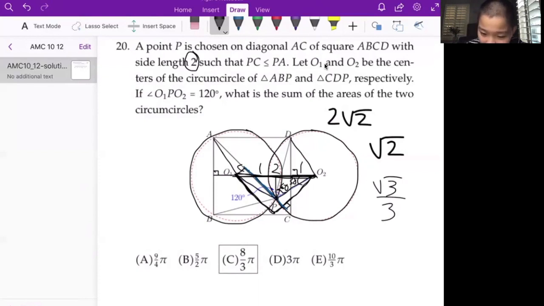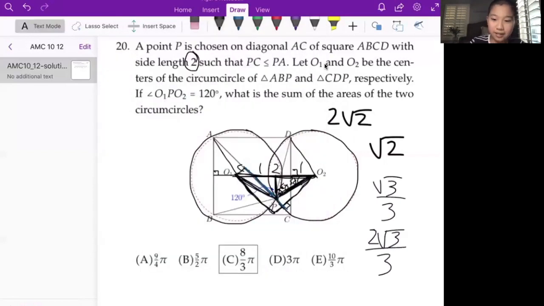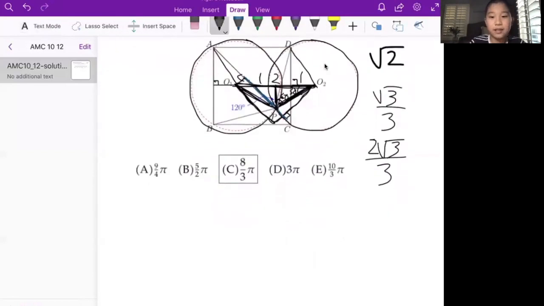So then the height is √3 over 3. So then PO2 or PO1 would be 2√3 over 3.